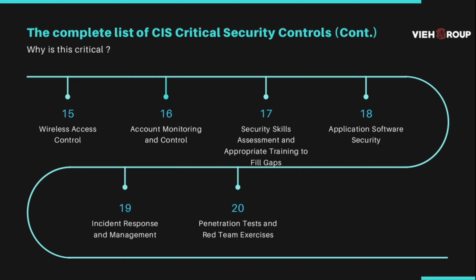16 point, which is basically account monitoring and control. It is critical for organizations to actively manage the life cycle of user accounts, from creation and use to deletion, to minimize opportunity for attackers to leverage them. All system accounts need to be regularly reviewed, and accounts of former contractors and employees should be disabled as soon as the person leaves the company.